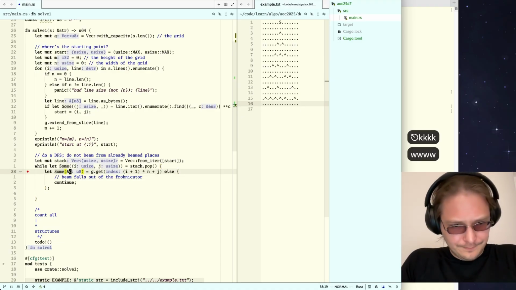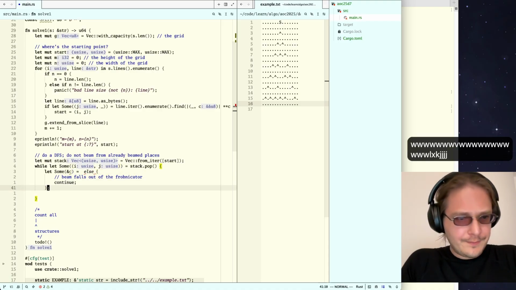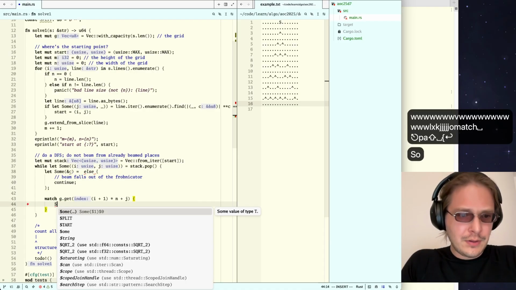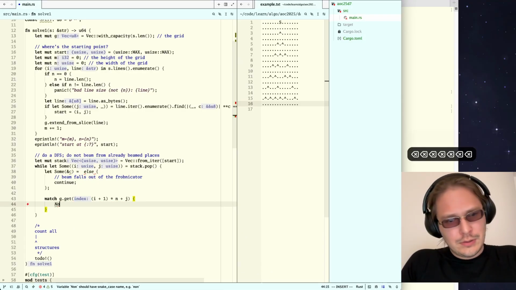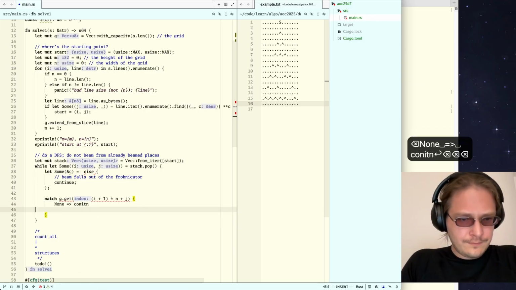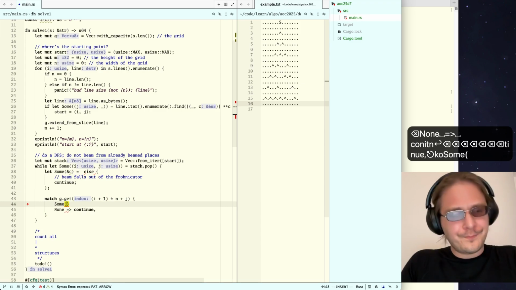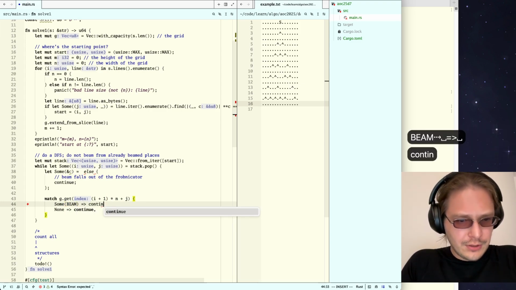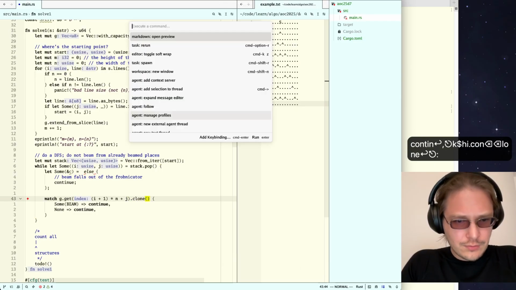So actually, I could even do it like this. Match this grab with none. Continue. Some beam. Continue. And it should be cloned.